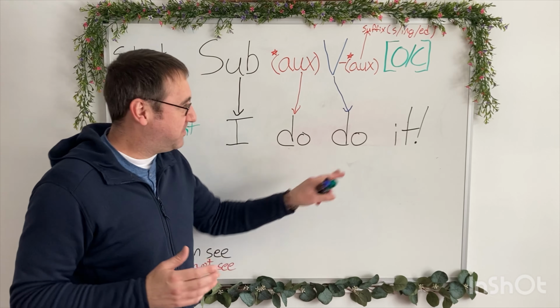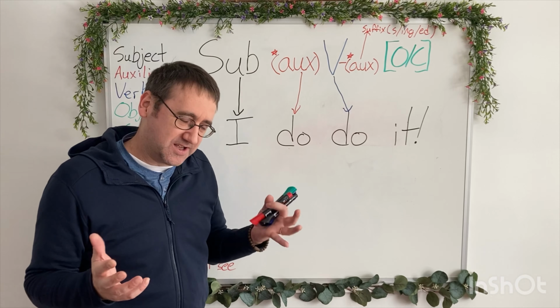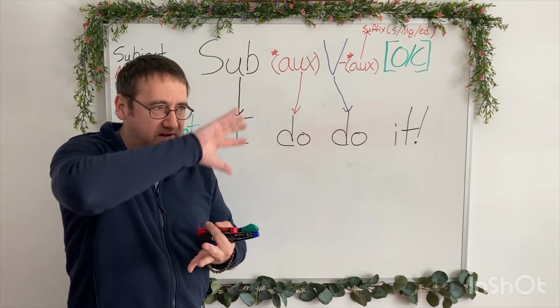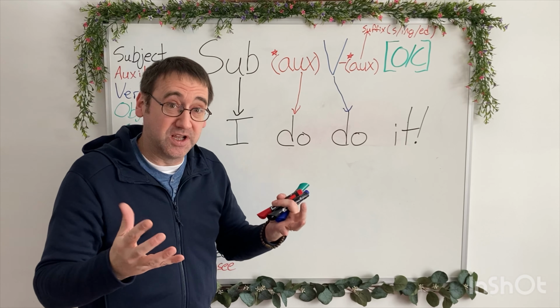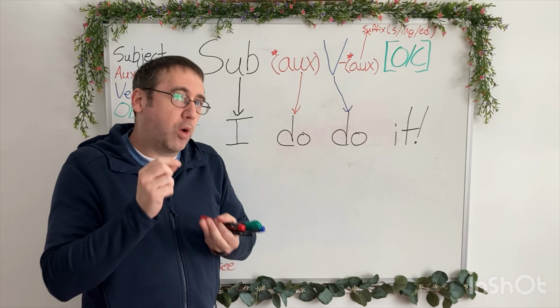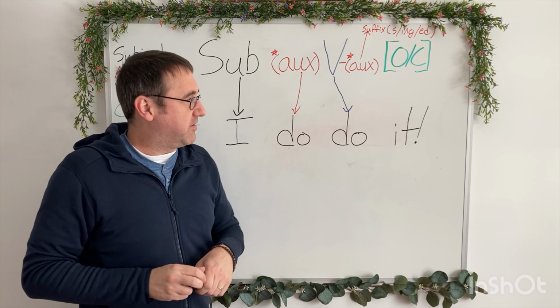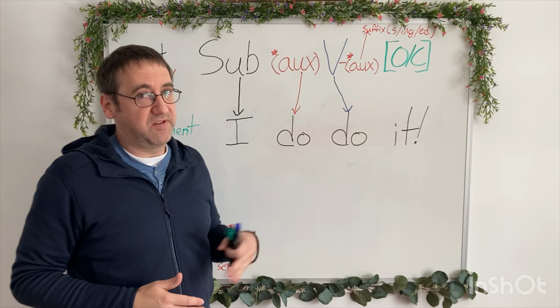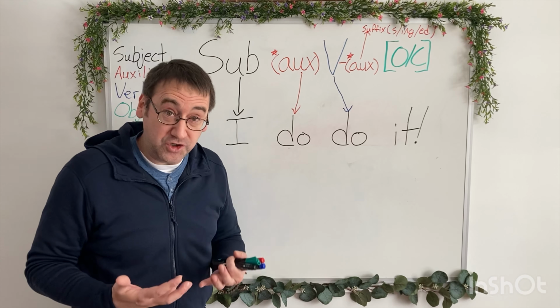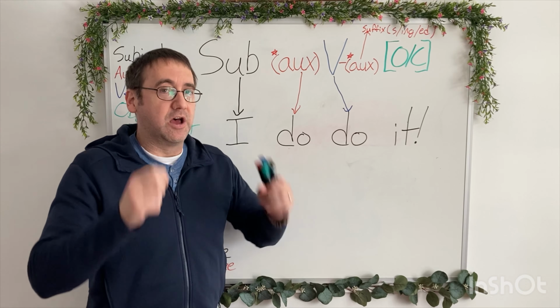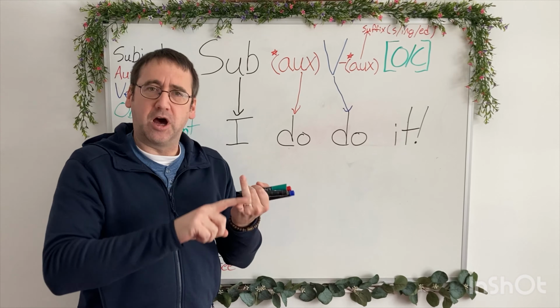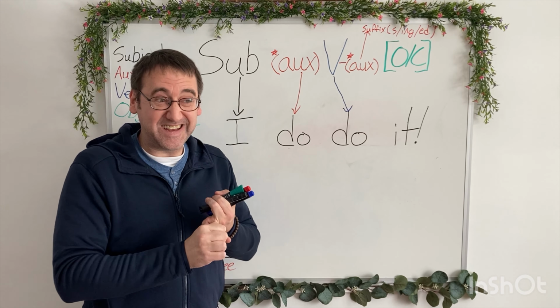And the reason is because the verb is an action, but the auxiliary gives us a context, a situation, a perspective, a point of view. And when I talk to my students, I often say the meaning or the function of an auxiliary is to give an action a perspective, either time, necessity.